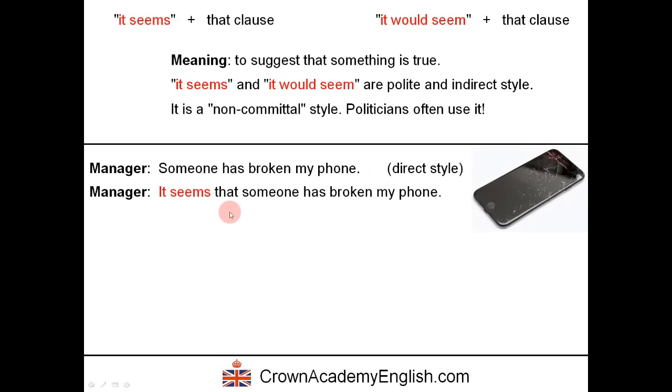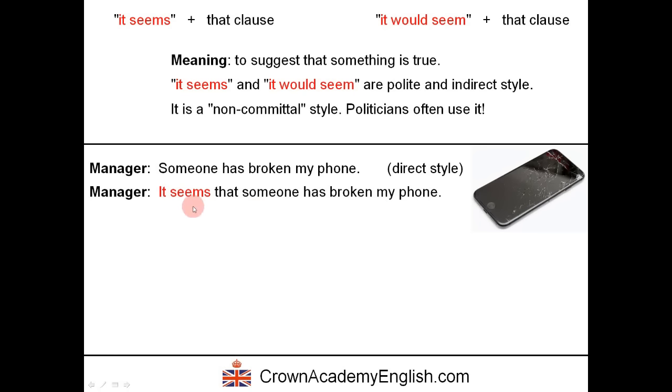But the manager can also say, it seems that someone has broken my phone. So this is now more polite, and this is indirect. He's not really accusing anybody here. The manager is not certain that someone has broken the phone, because he's saying it seems. So this means that I have the impression that someone has broken my phone.